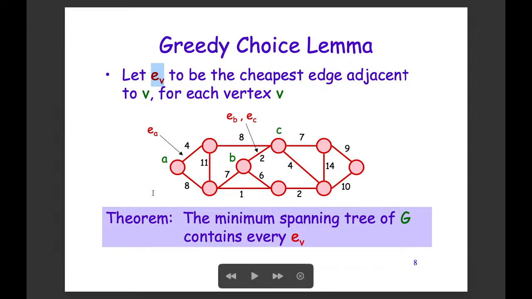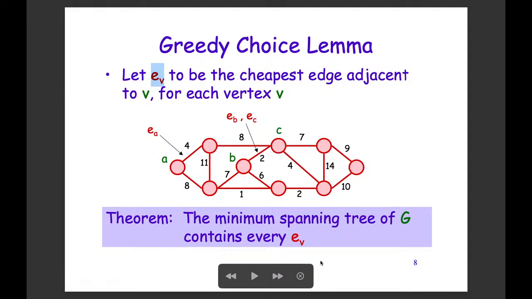For instance, this is vertex A, and A has two edges connecting to it, 4 and 8. So we will call this edge E_A. For vertex B, B is connected to 2, 7, and 6, and we will call this edge E_B. And for C, C is connecting to 2, 4, 7, and 8, and we will call this edge E_C.